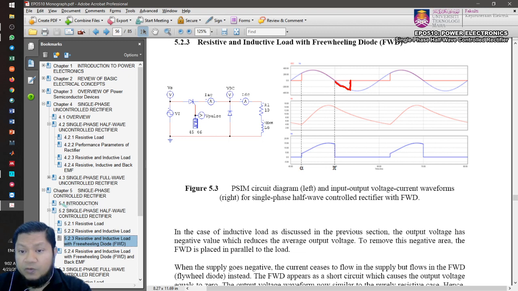With this freewheeling diode, this area has been removed. Now we have more positive area in the total output voltage, and therefore you increase the available output voltage from this rectifier. So this is the purpose of the freewheeling diode.